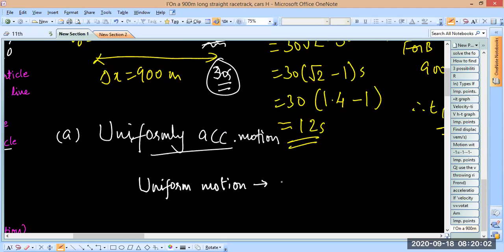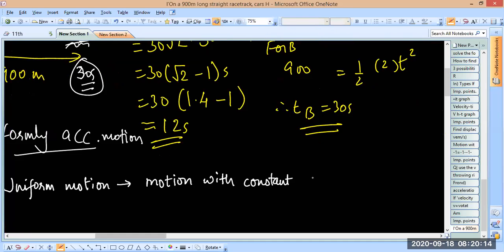Uniform motion means motion with constant velocity. Velocity should be constant. That's called uniform motion. And by default, that means acceleration will be 0.